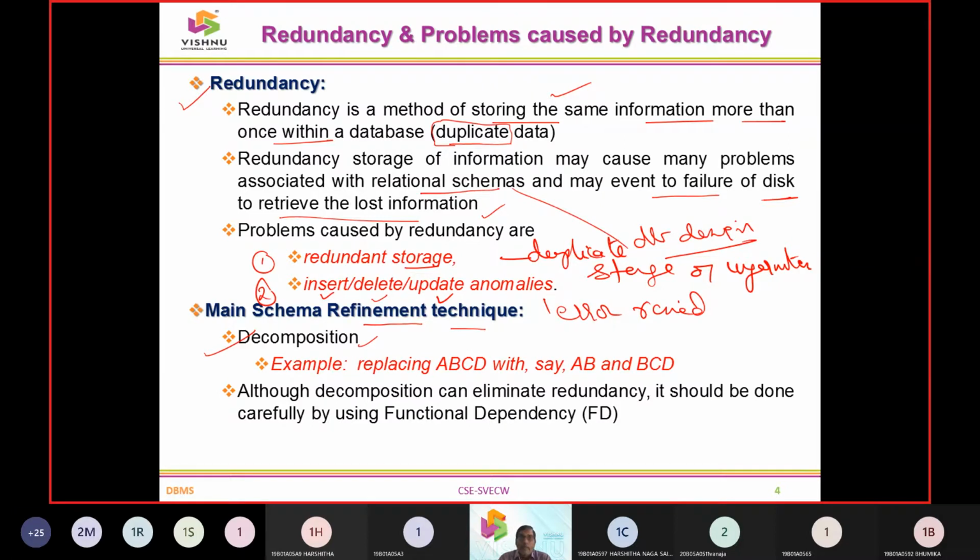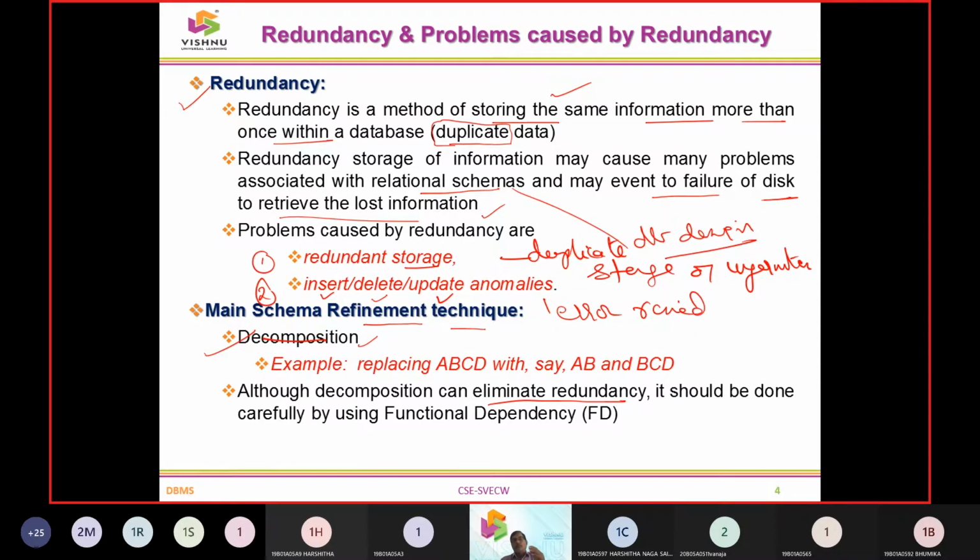So instead of maintaining a lot of tuples and a lot of attributes in a table, if we can decompose the table applying some normal form, then it is what we call elimination of redundancy. We call it decomposition.